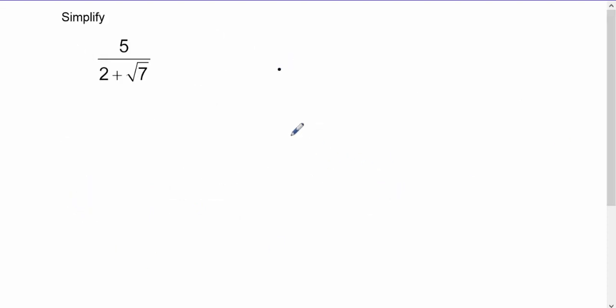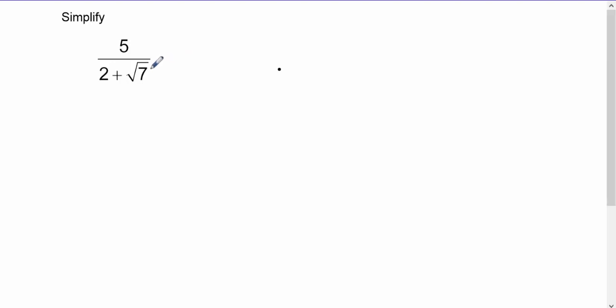In this case, we have a radical in our denominator, but this time, if we were to multiply by root 7 over root 7, notice what would happen. This root 7 goes away, but I'd have to distribute that, and I'd have a 2 root 7 on the bottom, so that's not going to help.